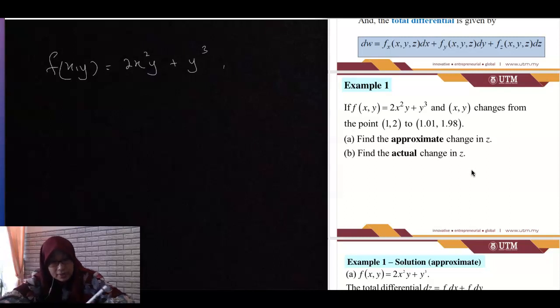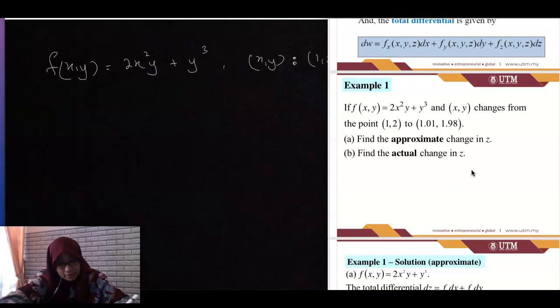Your information given: your x, y point, your input value, is changing from the point (1, 2) to (1.01, 1.98). So I would say this one is the old value and this one is the new value.